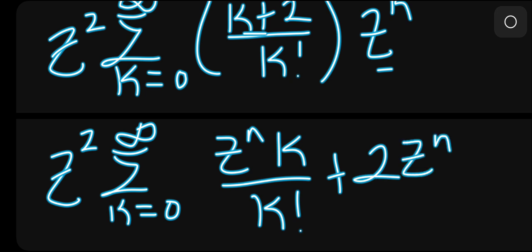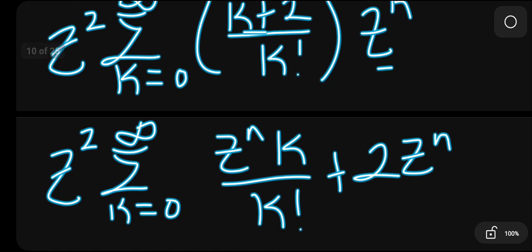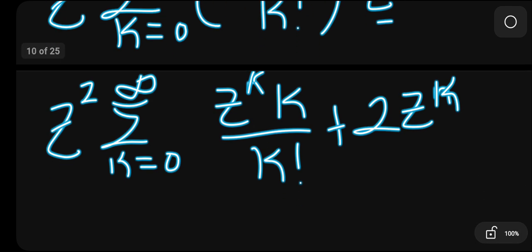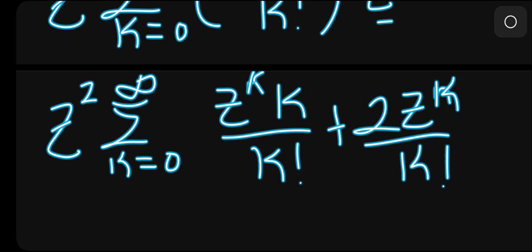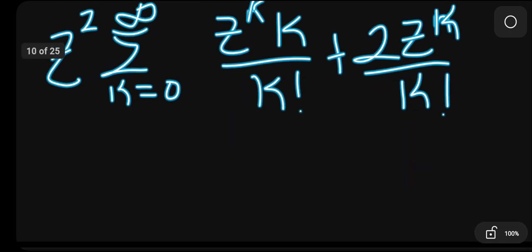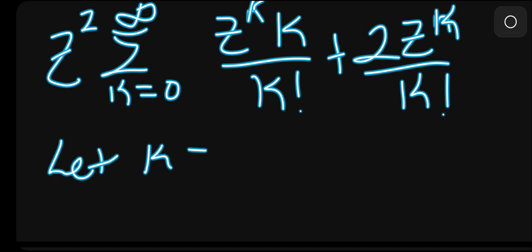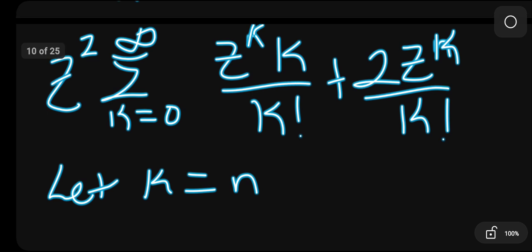Oh, I'm still using n, it's supposed to be k. So from here I can simply bring back my n. I think I missed the n. So wherever I see k, I can just substitute it by n.